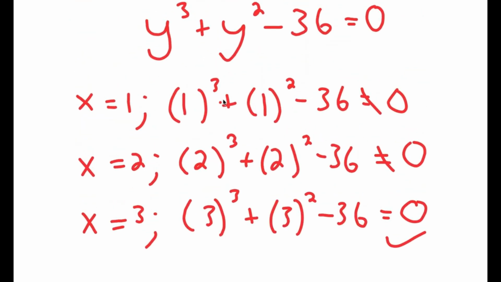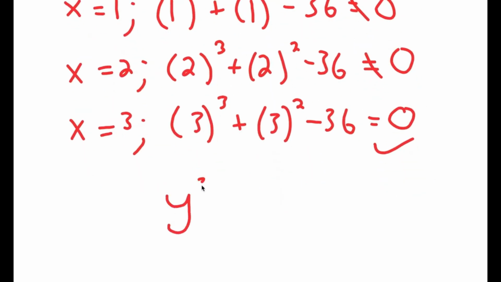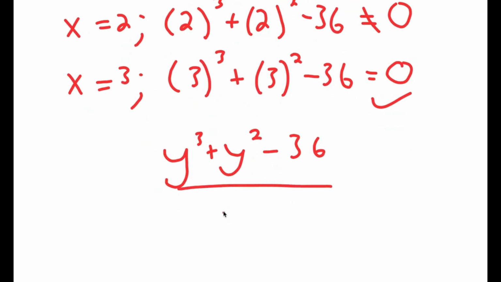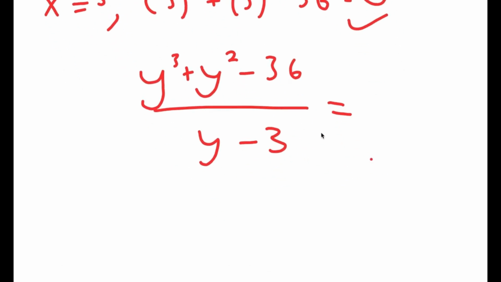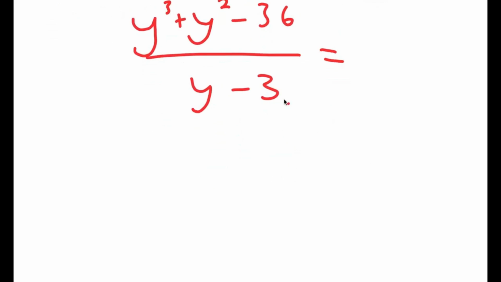what I have to do is divide y to the power of 3 plus y squared minus 36 by y minus 3. So to divide these two, I'm going to have to use synthetic division. And if you guys don't know what synthetic division is, I recommend watching a video on it.